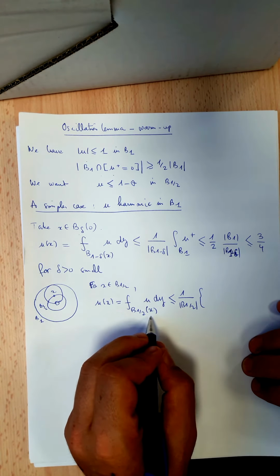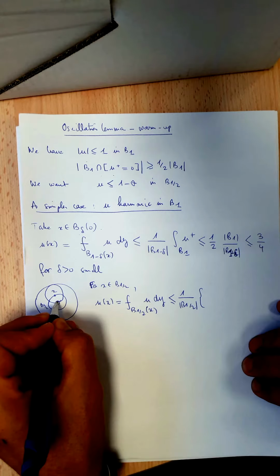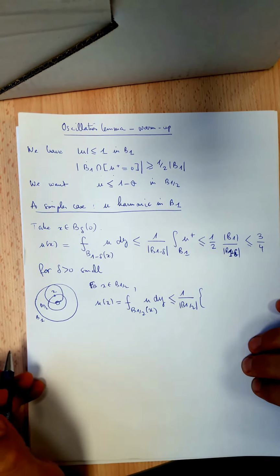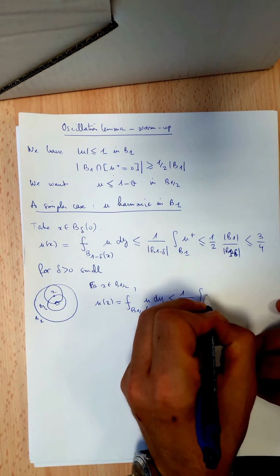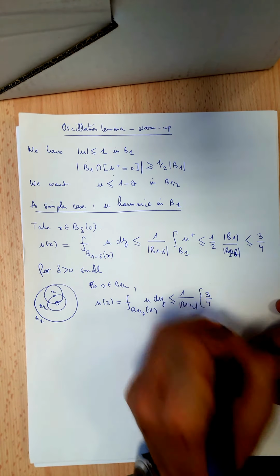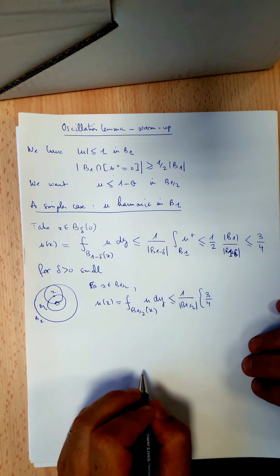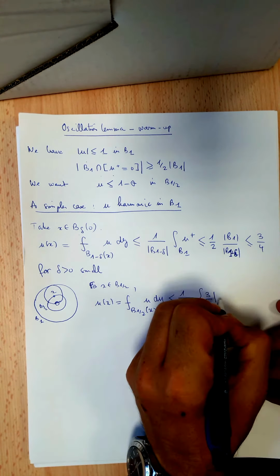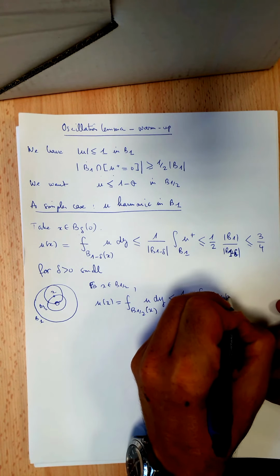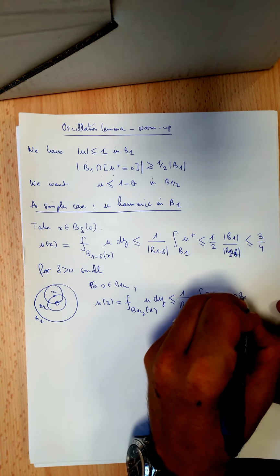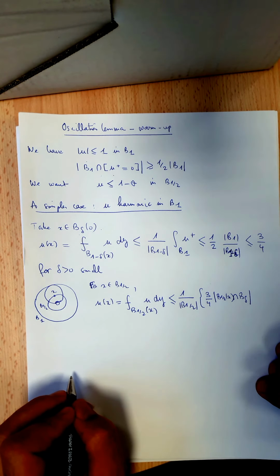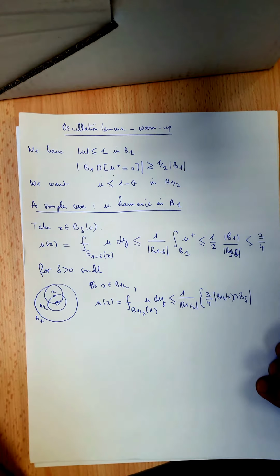In the ball of size 1/2, there's a piece already where we are inside the ball b delta that we talked about, and in that set, u plus is less than 3/4, so we'll get 3/4 times the intersection of b1/2 centered at x and b delta centered at 0, and in the complement of this set, the only thing that we know is that u is bounded above by 1.